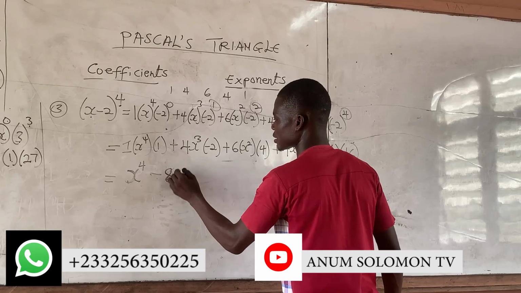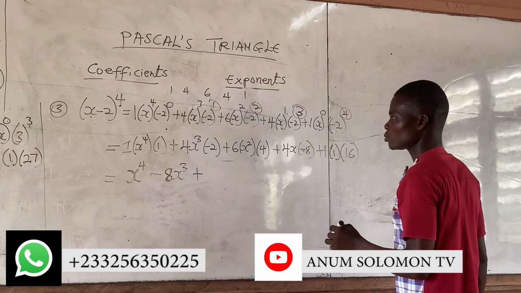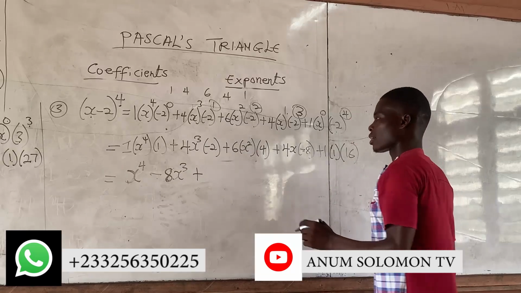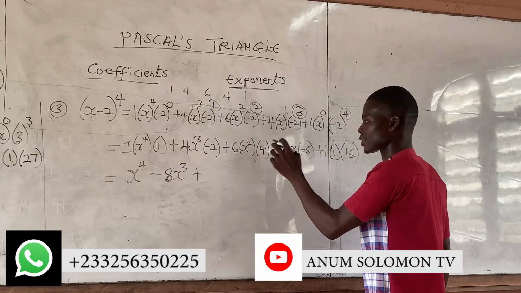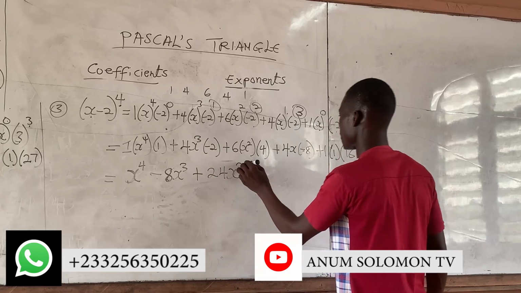Minus 8x cubed, plus 6 times x squared is 6x squared, times 4 is 24x squared.